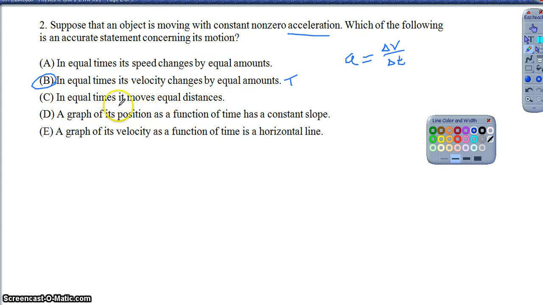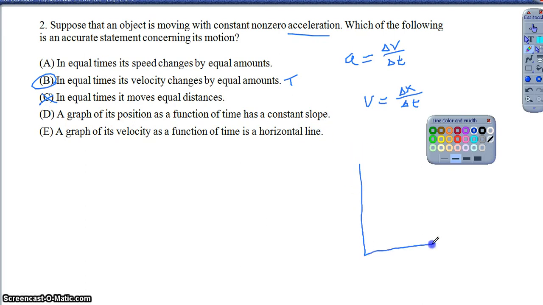C: In equal times, it moves equal distances. That's not necessarily true, because velocity, we know, is distance over time, or displacement over time. But the velocity is changing, so with every second, the distance over 1 second would be changing as well. So that's definitely not true. D: A graph of its position as a function of time has a constant slope.